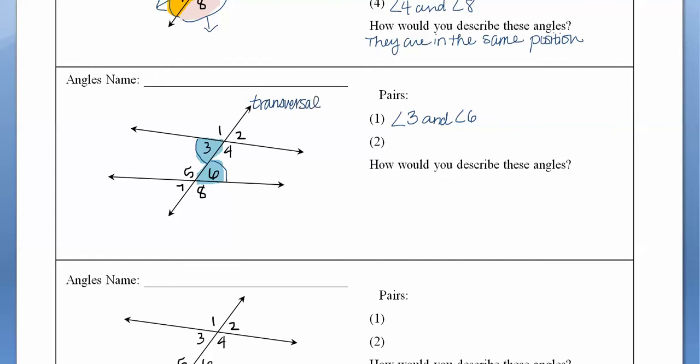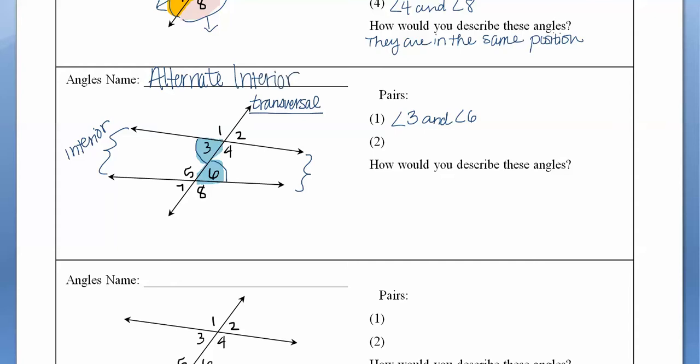So because they're on different sides of the transversal, we say they are alternate, because they're alternating sides of the transversal. And then the other part of this is they're kind of inside the two lines. You see that? So this is the interior of the two lines. So they're called alternate interior.